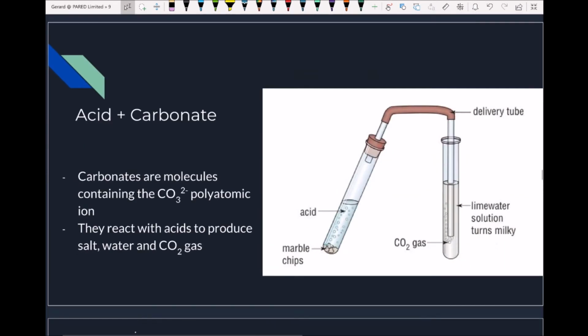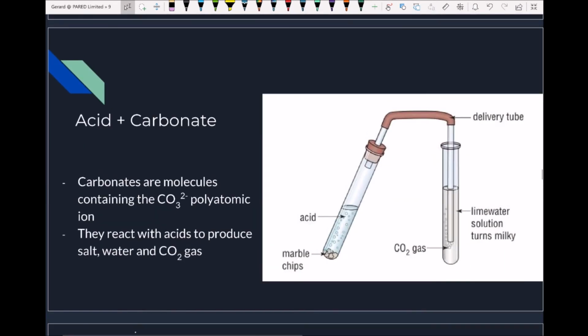All right, and finally, acids react with carbonates to produce salt, water, and carbon dioxide gas. Carbonates are compounds that contain the CO3 polyatomic ion. Let's have a look at our example in the picture here.